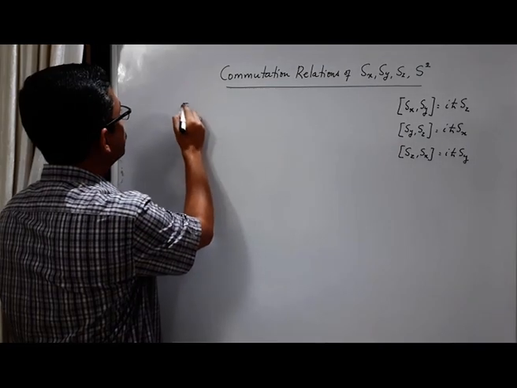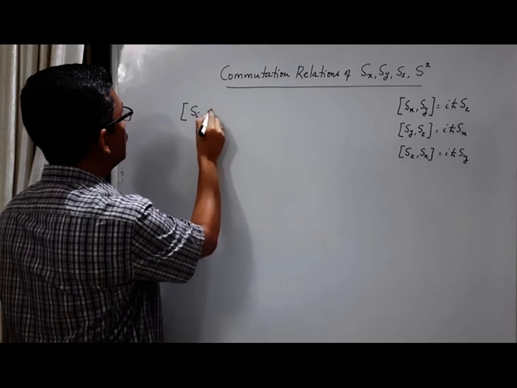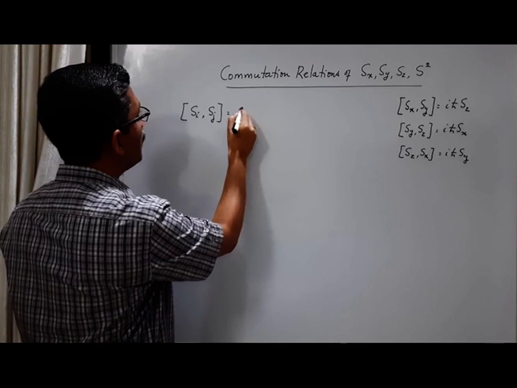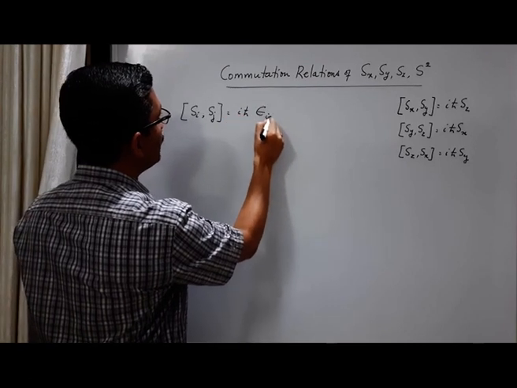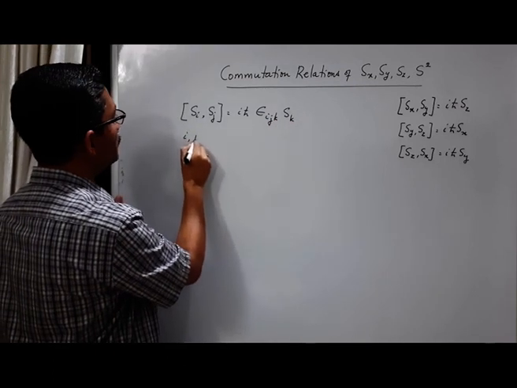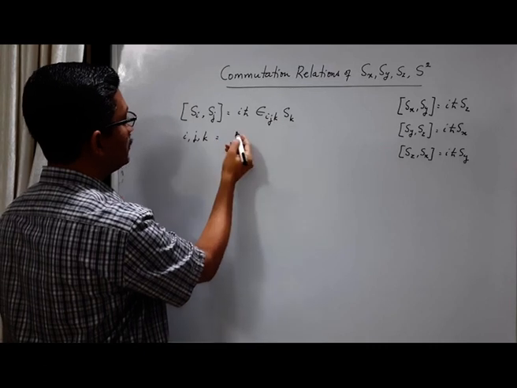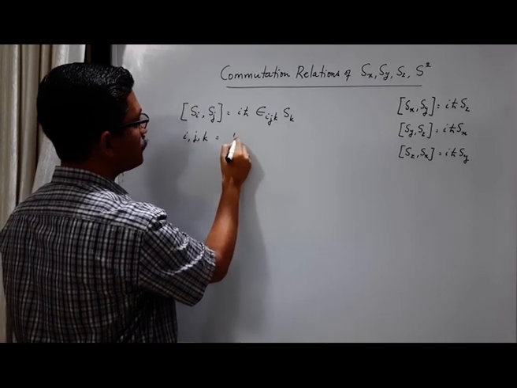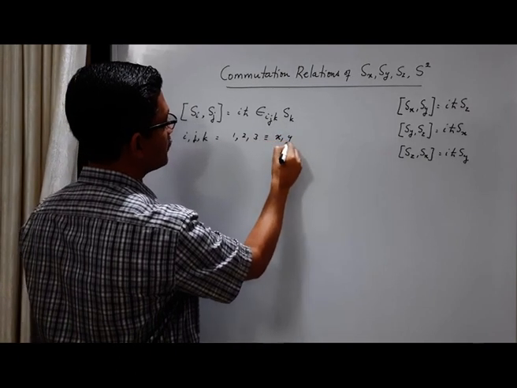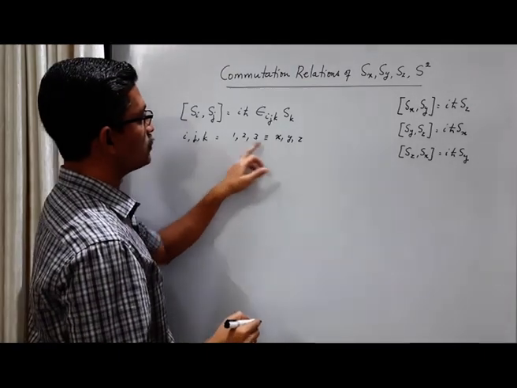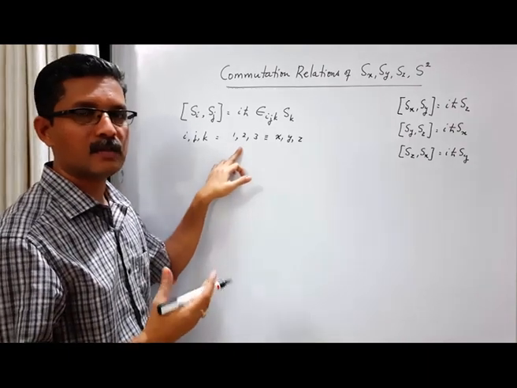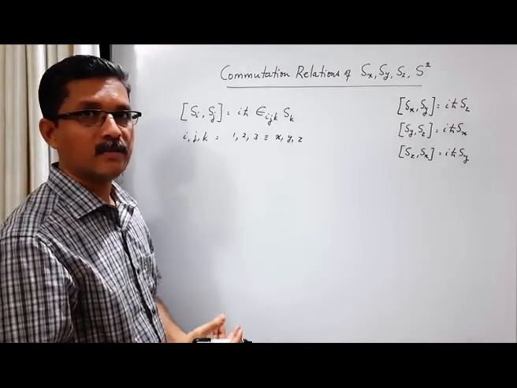That is [Si, Sj] equals iħ epsilon_ijk Sk, where i, j, k are indices with values 1, 2, 3, which are the same as x, y, z.